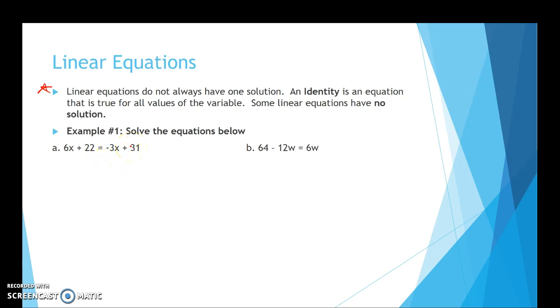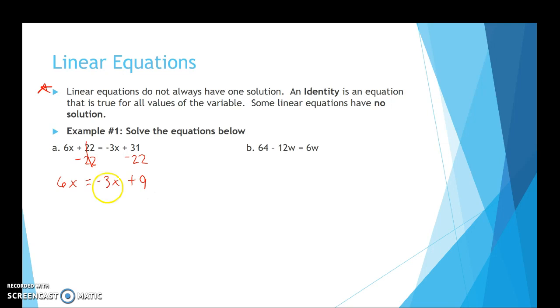So what I can do here is subtract 22 from the left, but if I subtract 22 from the left, I have to subtract 22 from the right. So what I end up with here is 6x equals negative 3x, and then 31 minus 22 is going to give me 9, so that'll be a plus 9.